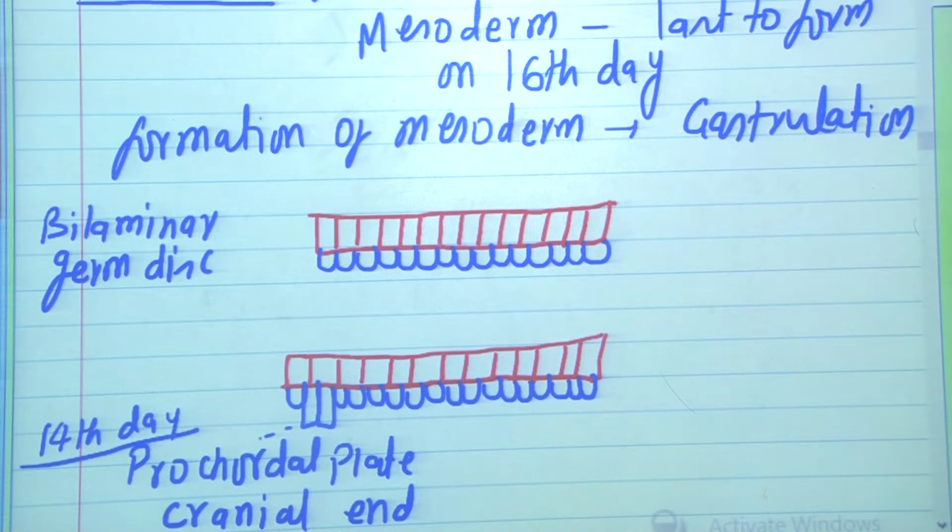Soon after the formation of the procaudal plate, at the other end these columnar cells also change their shape and become cuboidal in place of columnar, and this change is known as primitive streak.